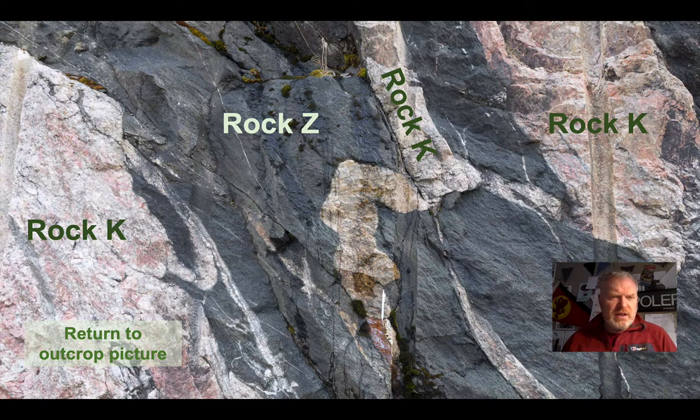You can see that it's not a nice straight line between the two, although the boundary does seem to be quite sharp. So what do you think the age relationship is here? What's going on?